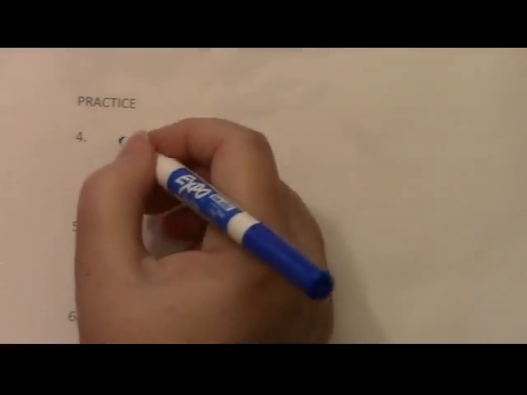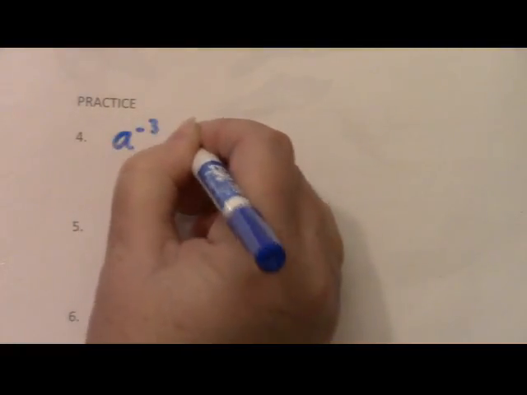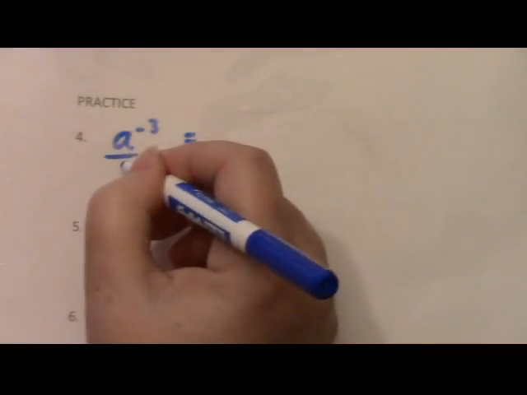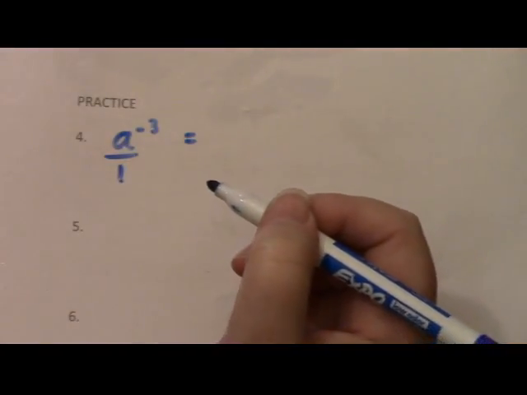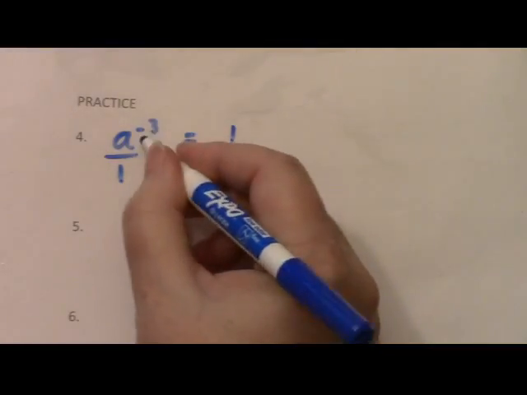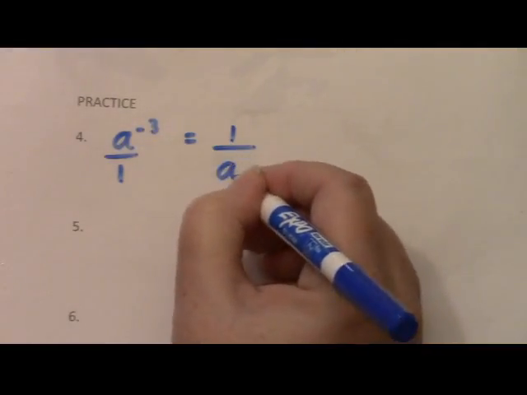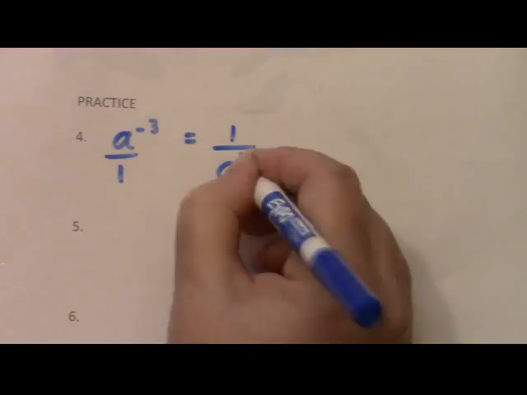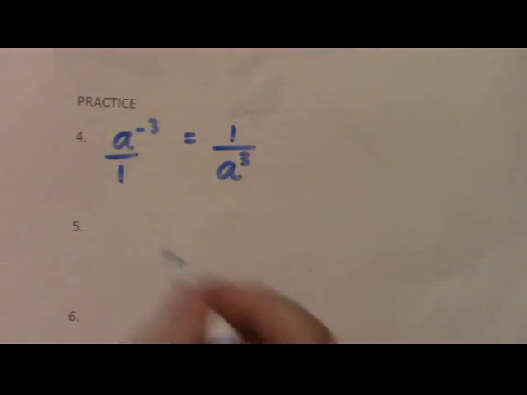Let's do some more practice together. We can take a to the negative third. Think of it as putting a 1 underneath it if you have to. Move the 1 to the top. The a moves down to the denominator, and the 3 becomes positive.